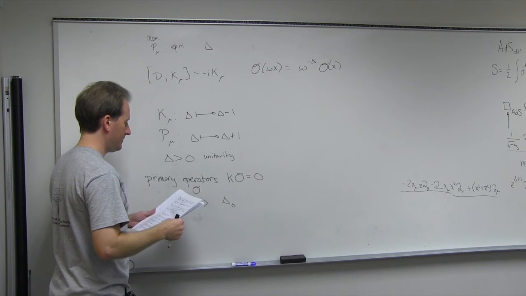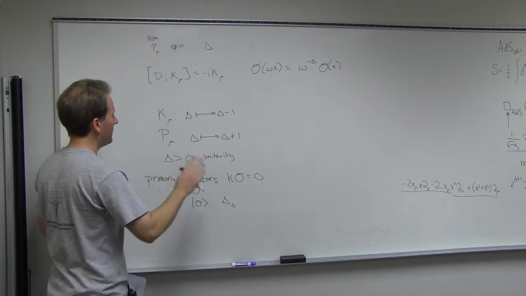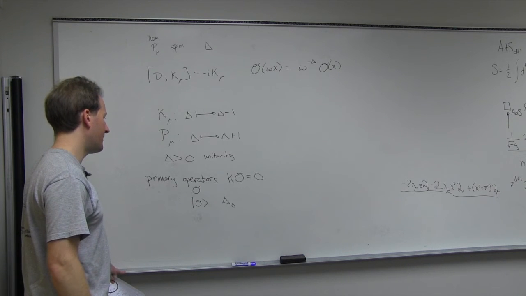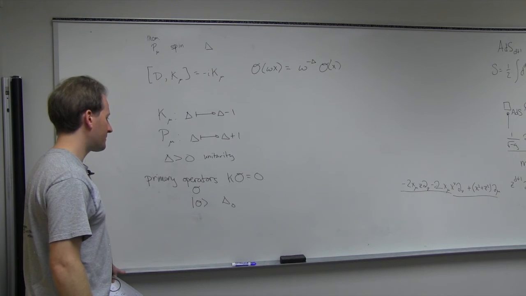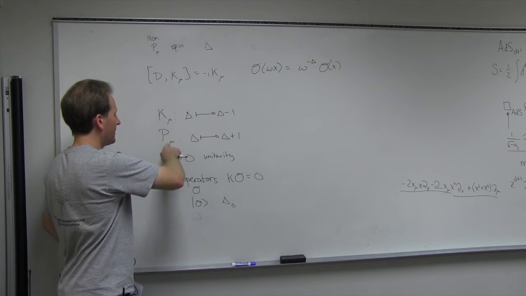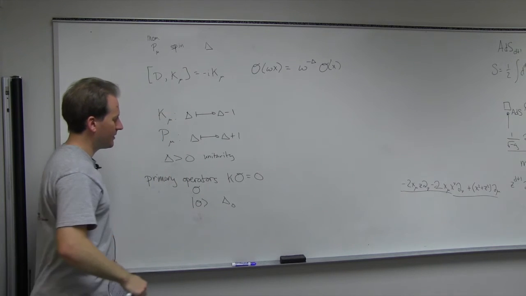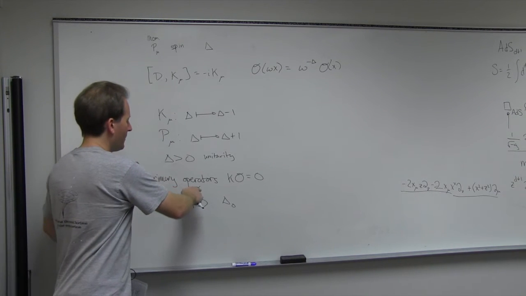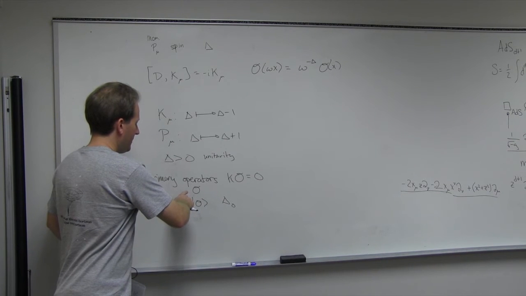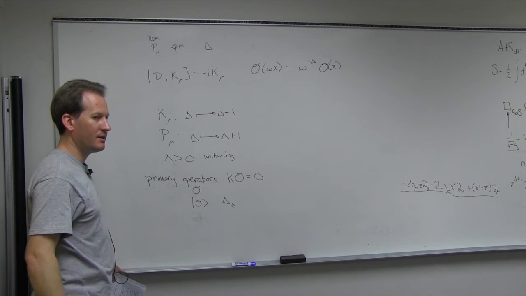I should mention that when you start talking about these operators in conformal field theory, I'll talk about descending with P, which is like the derivative operator. These are not necessarily like the fields that you integrate over in a path integral.